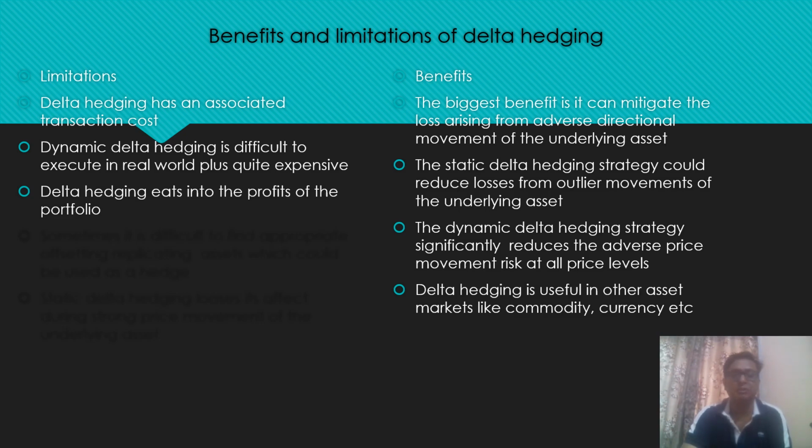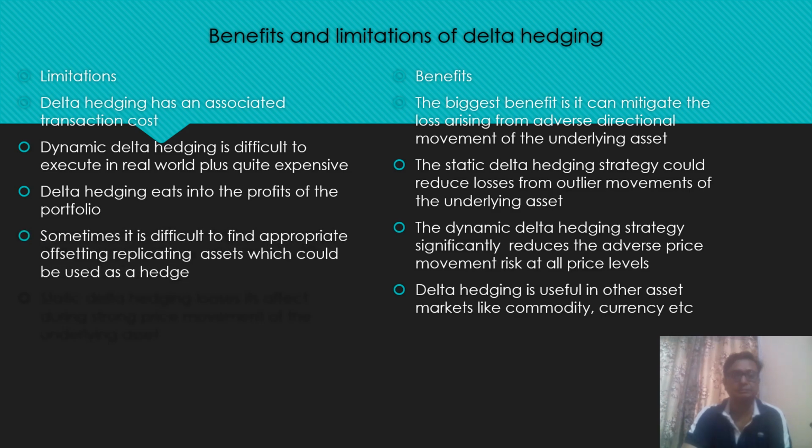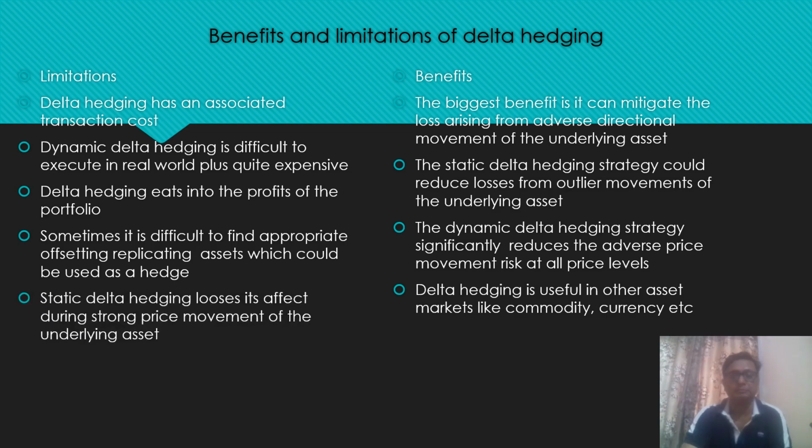Delta hedging eats into the profits of the portfolio as it is quite expensive. Sometimes it is difficult to find appropriate offsetting replicating assets which could be used as a hedge. Static delta hedging loses its effect during strong price movement of the underlying asset.